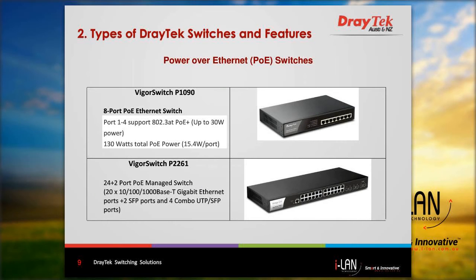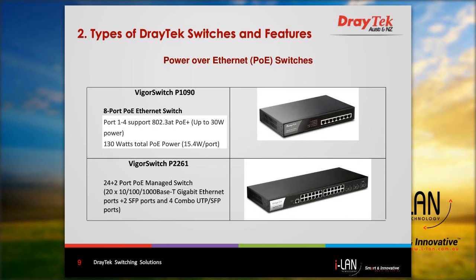And here in this slide, we just show that the DrayTek PoE switches currently available are the P1090 and the VigorSwitch P2261. So the VigorSwitch P2261, which is the one towards the bottom of that table, is a 24-port gigabit power over Ethernet switch with 2 SFP ports, which will accept an optic fiber module.